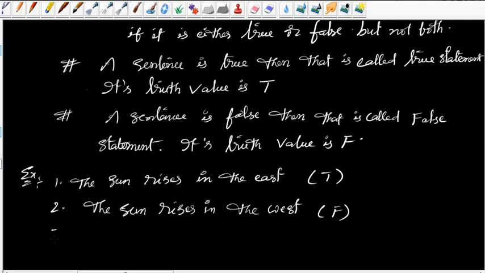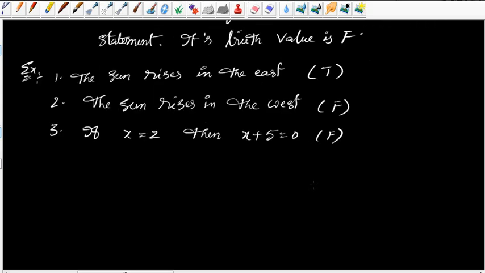Next one: if x is equal to 2, then x plus 5 is equal to 0. This is also a statement, but its truth value is false. So they are examples of statements. Observe that x plus 10 is equal to 2 is not a statement.